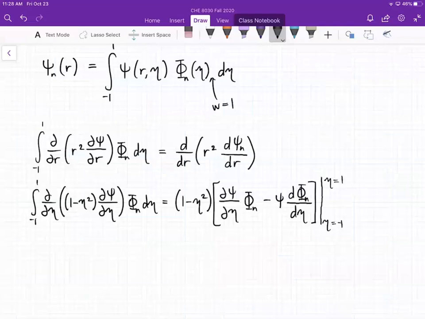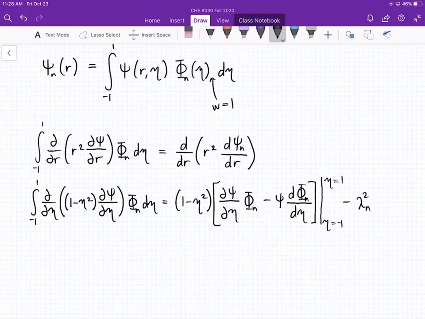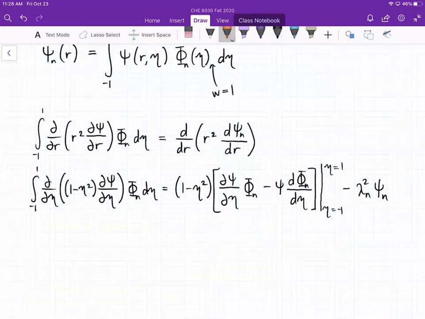And then we have the last part, our last term in our equation. That is the eigenvalue squared multiplied by our transformed variable psi sub n. First term goes away.